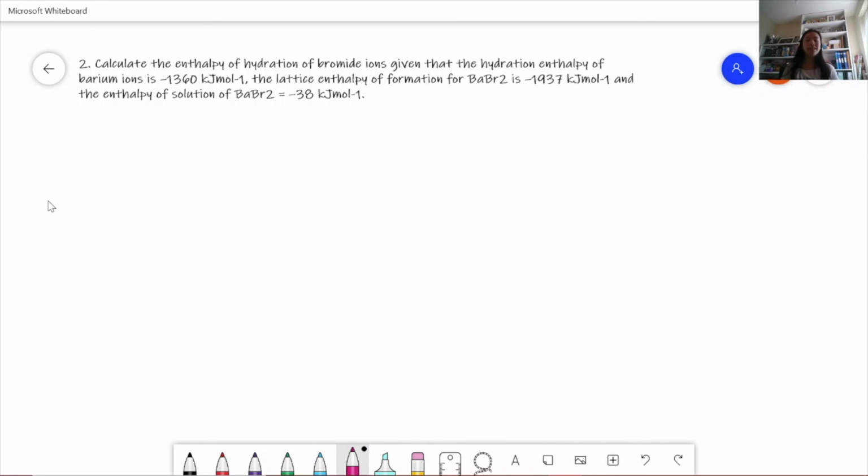And so in our cycle, we should have the gas ions, the ionic solid, and the aqueous ions. I'm going to choose to start off with the gas ions. So we have barium 2+ gas ions, and also bromide ions, and this should form barium bromide, the solid ionic compound.